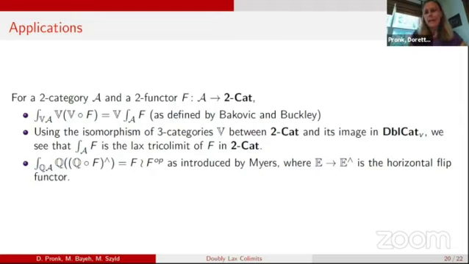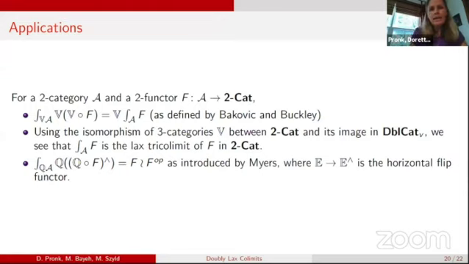So for instance, if we take an ordinary 2-functor from a 2-category into 2-Cat and then apply V to it, that would give me almost a vertical structure. And then we need to do one more V so that I actually have a double category as my indexing category there. Then it turns out that if I do our construction, we get the vertical embedding of the classical 2-categorical Grothendieck construction as given by Bakovic and Buckley.